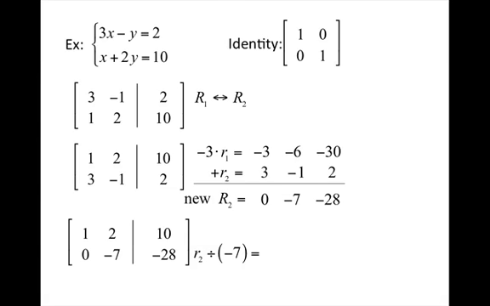Well, if I divide row 2 by negative 7, I get 0, 1, and 4. This is going to become my new row 2, and row 1 is going to stay the same. So row 1 stays 1, 2, 10, and row 2 becomes 0, 1, and 4.